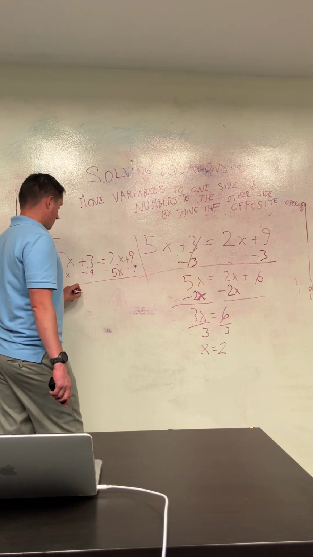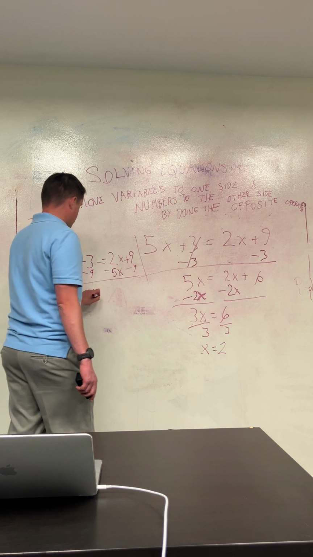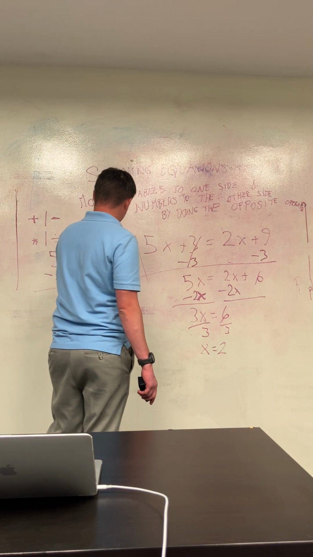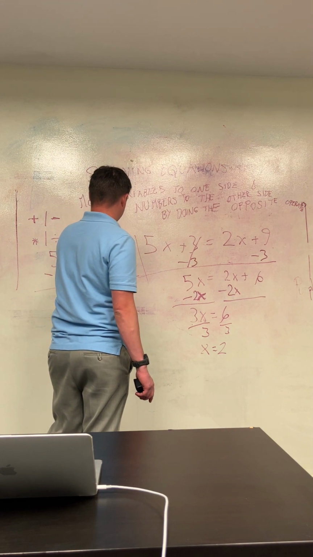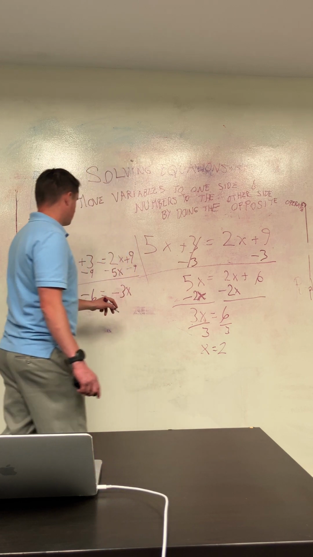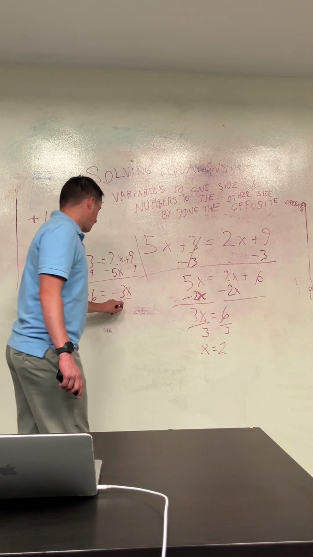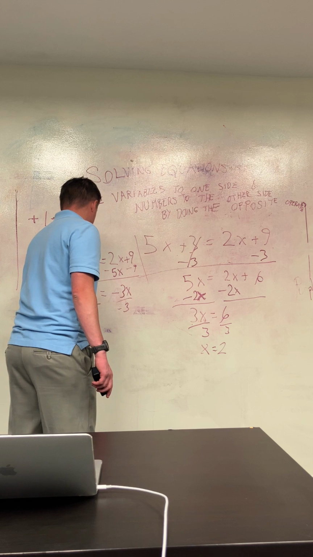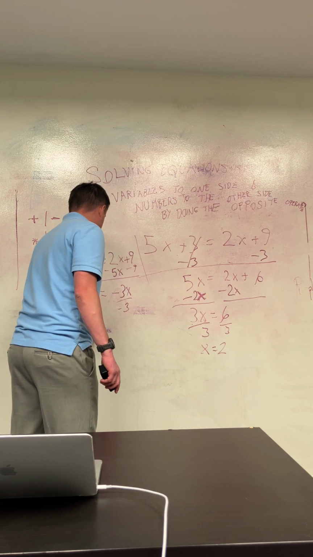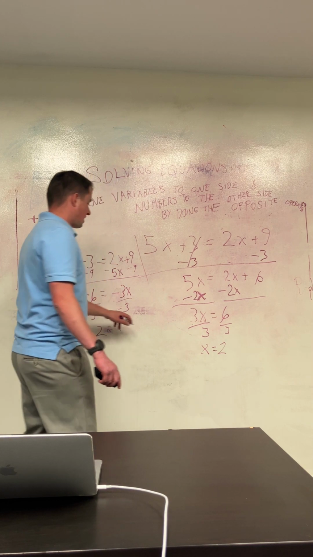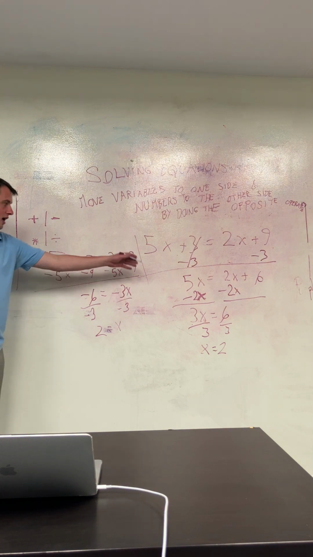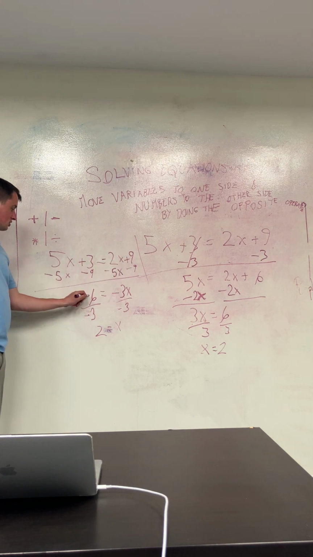So what I get when I do it this way is negative 6 equals negative 3x. I'm going to get the same answer. Negative 6 divided by negative 3 is 2, so 2 equals x. I get the same answer, but when I did it the other way, I didn't deal with all these negative numbers.